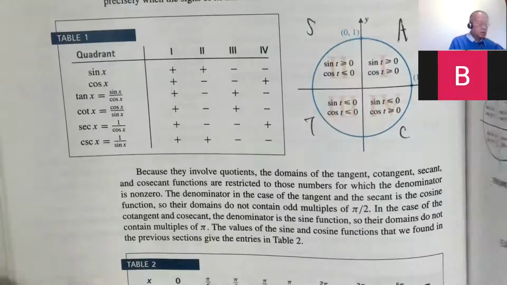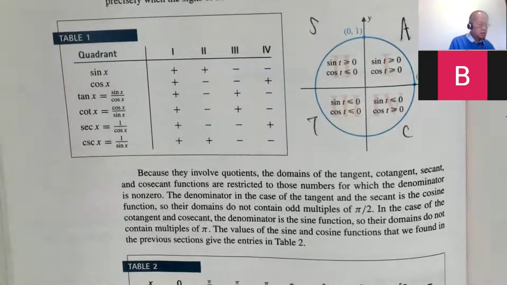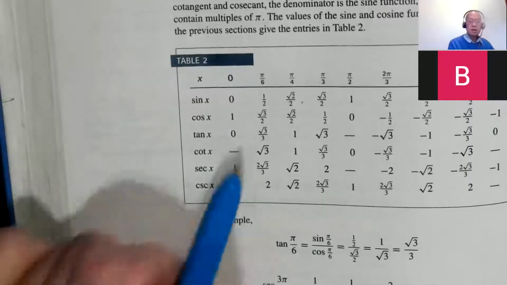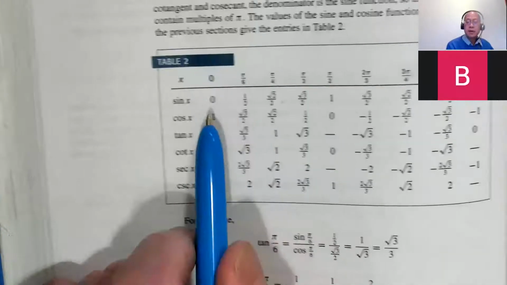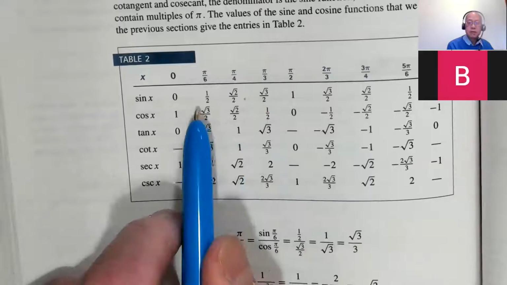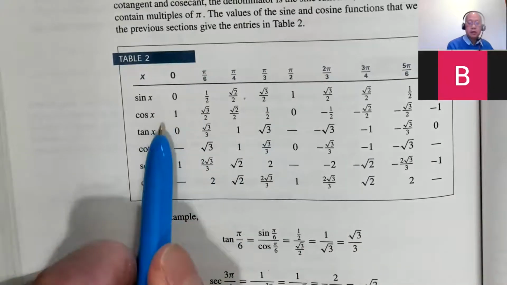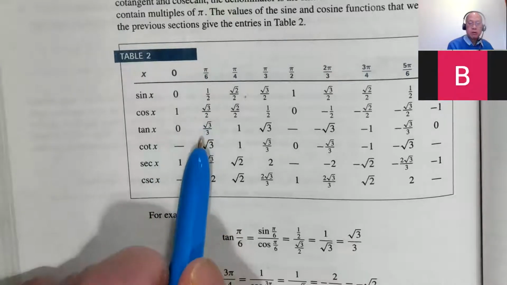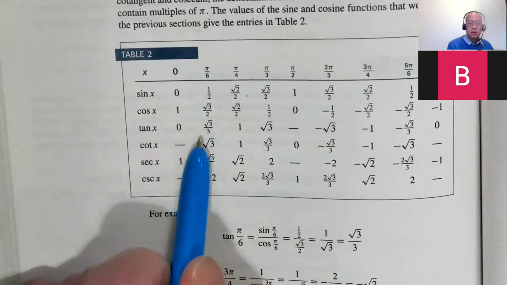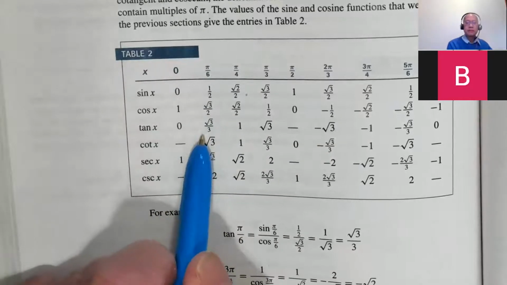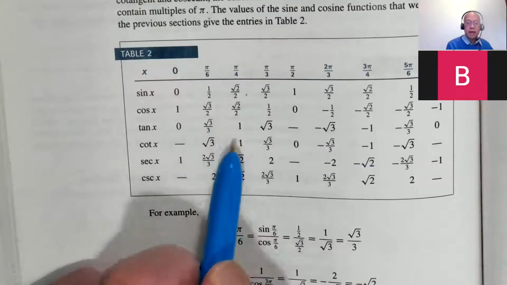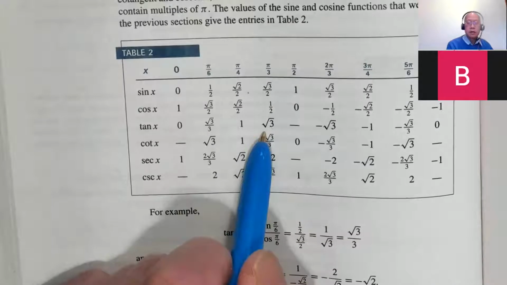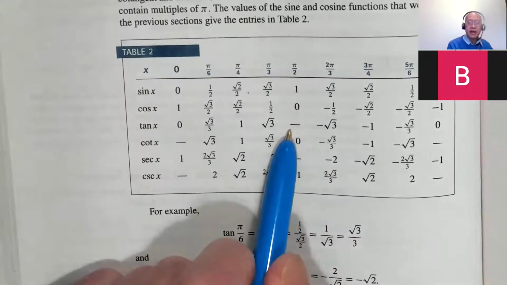So if I look back at a table of sine and cosine, page 232, we've got all of these here. So sine over cosine, 0 divided by 1, 0. 1/2 divided by radical 3 over 2, cross off the 2's, 1 over radical 3 or radical 3 over 3. Pi over 4, that divided by that is 1. That divided by that is radical 3. 1 divided by 0 is undefined.